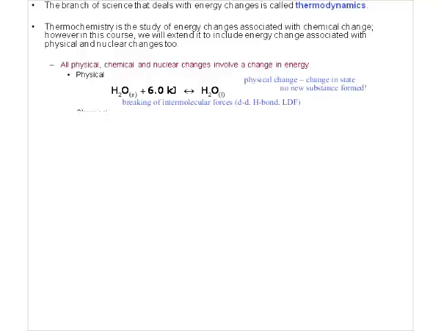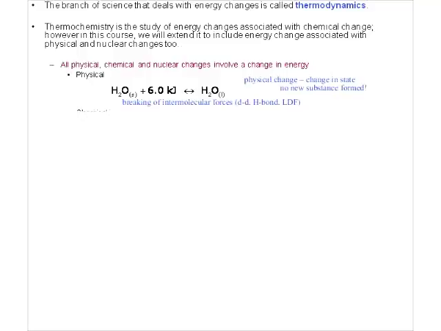Intermolecular forces are forces between two different molecules. They're relatively weak for the most part, and that's an indication of how much energy is involved to pull them apart. Not much energy at all. In fact, we can melt ice in the palm of our hand. The heat from your hand is enough energy to disrupt these weak forces.